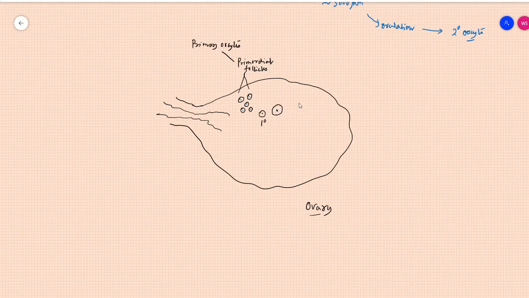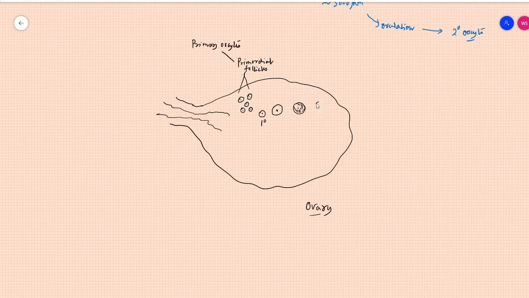And then from then on, we see vacuoles coming around with the cells. So if these are all cells, and there is a vacuole, that vacuole we said is called antrum, filled with estrogens. Okay.